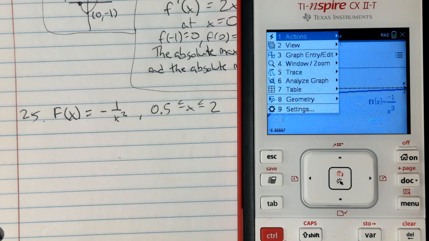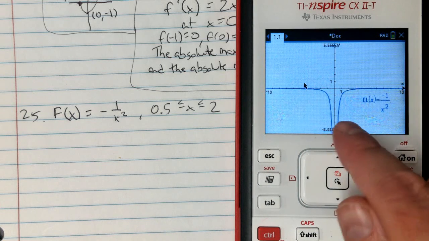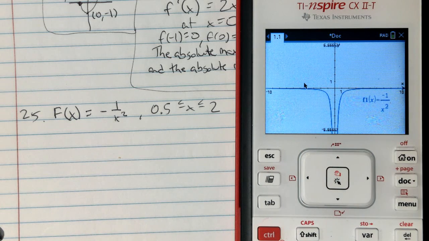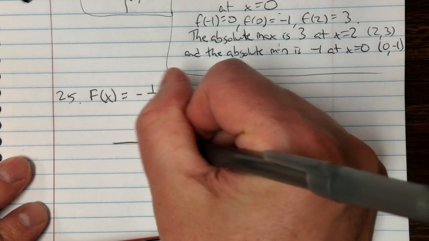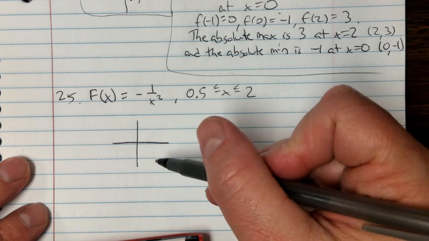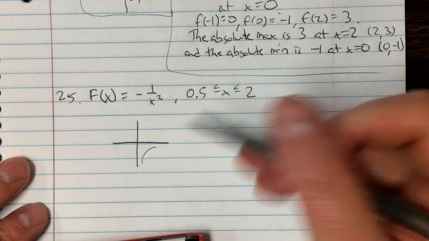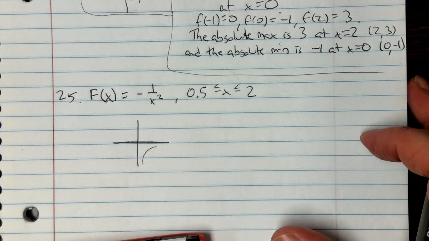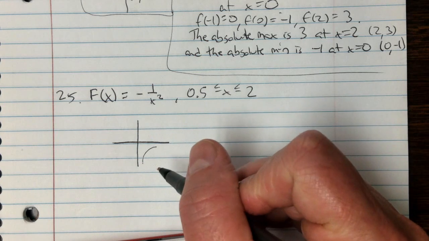So let's change our window back to the standard window, because this is going to be more realistic. We just have to keep that in mind, because we know our graph is going to end up going like that, and then we can use our table.